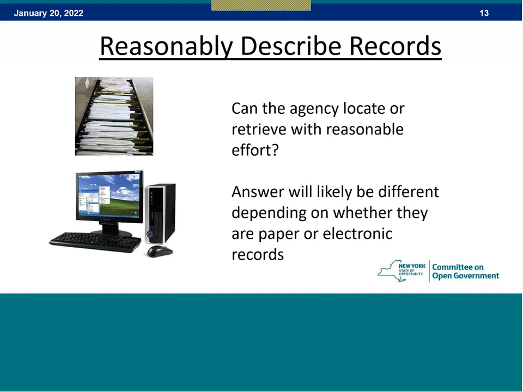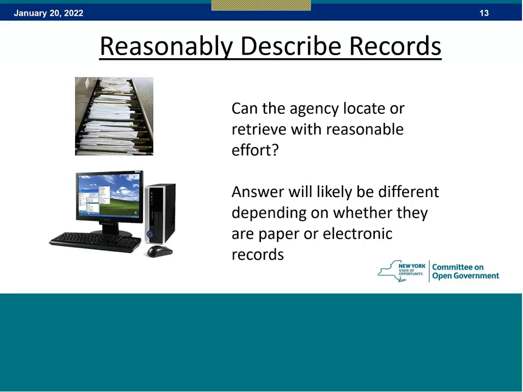So it's very possible that the records access officer knows that they may have those records somewhere, but they may not maintain their records in a manner that would allow them to locate the record with reasonable effort.